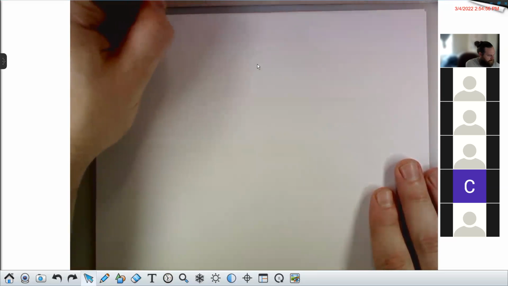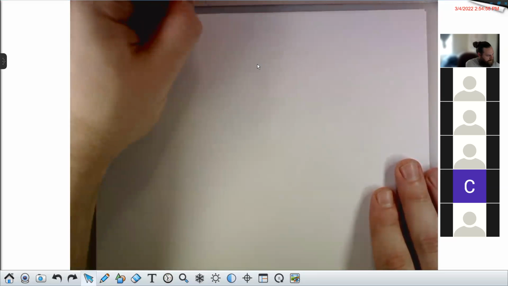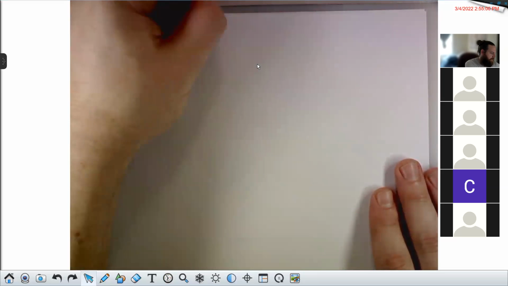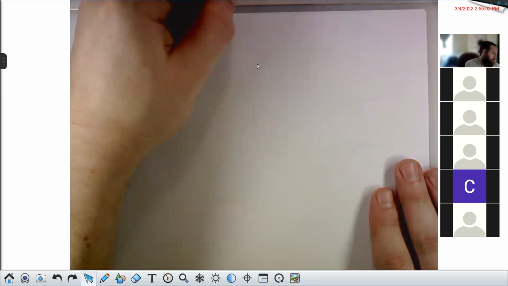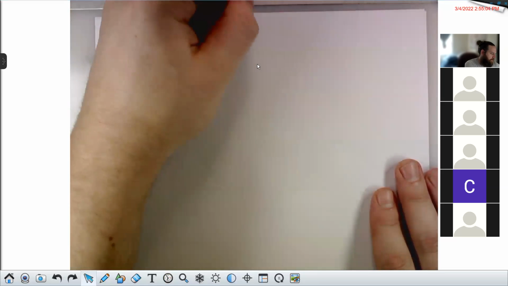So this is the mean value theorem, aka MVT.